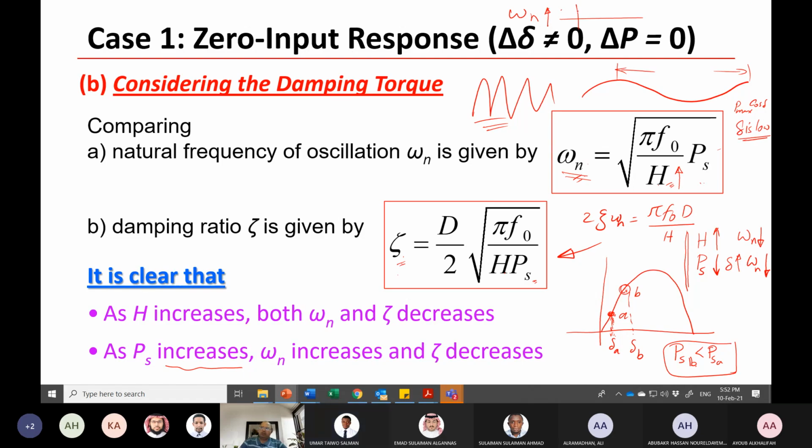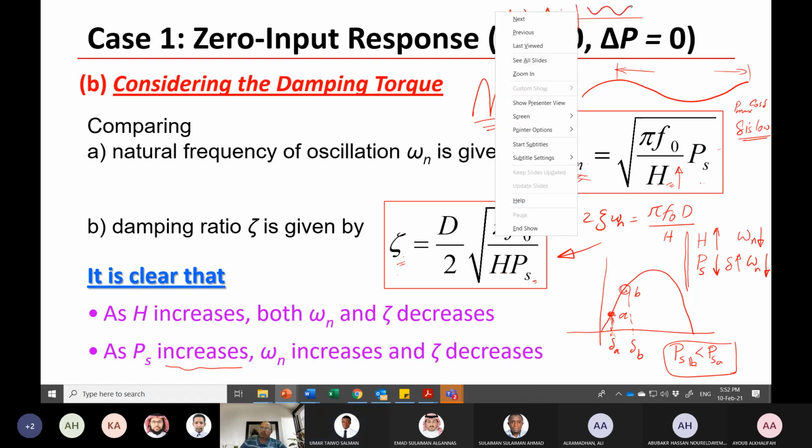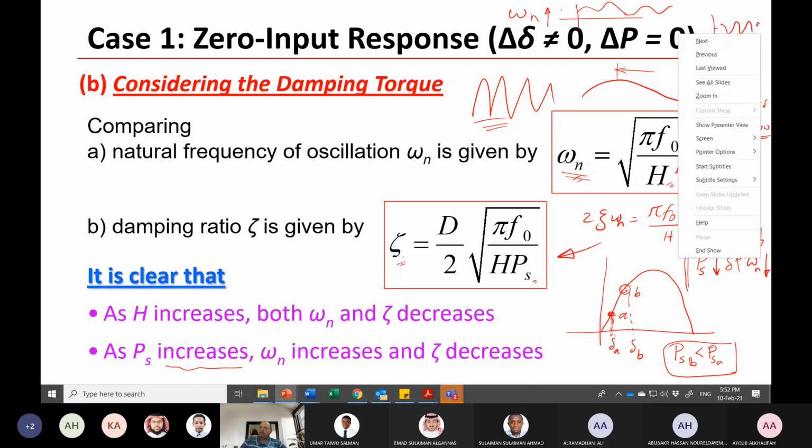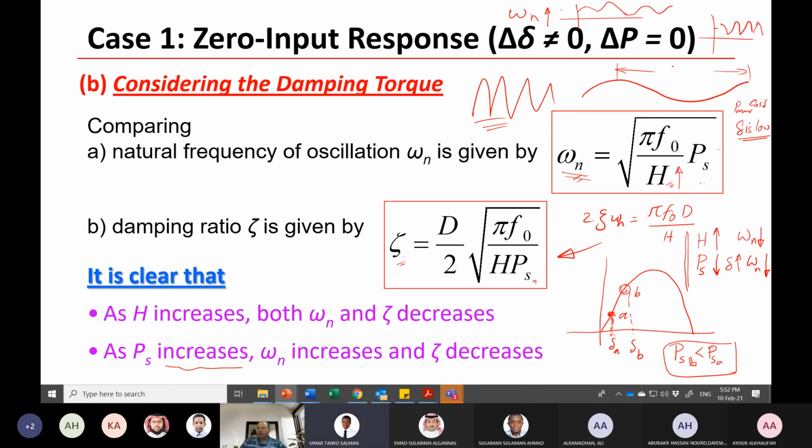This is the oscillation frequency of the response. The response could be very fast, with a very fast oscillation frequency, but the system is still stable. It has nothing to do with stability. Is it clear? Yes.